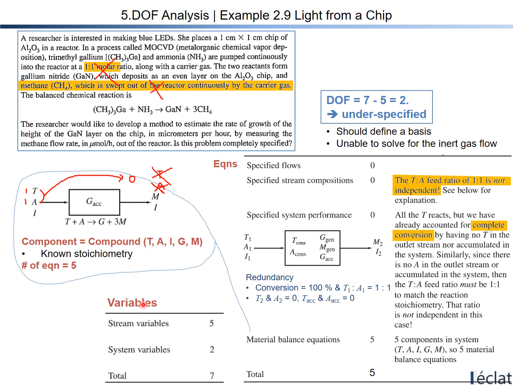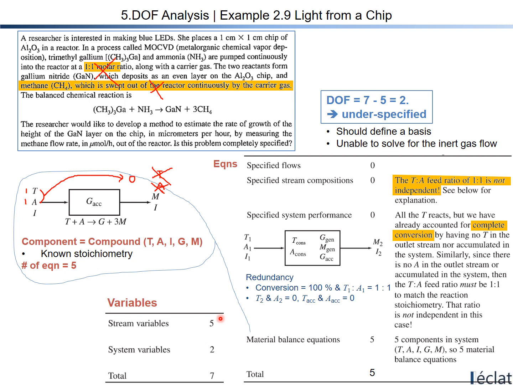And then let me start with the number of unknowns or variables. How many stream variables do you have in this block flow diagram? 3 for input and 2 for output. You don't need to think about T and A in the output stream because we have already used those two conditions. So 1, 2, 3, 4, 5: 5 stream variables.